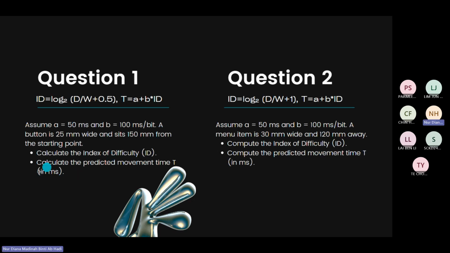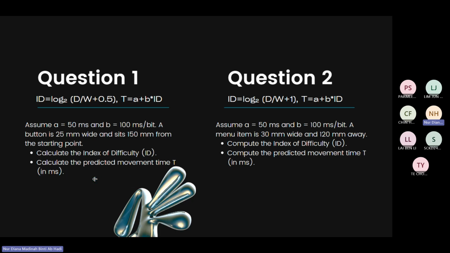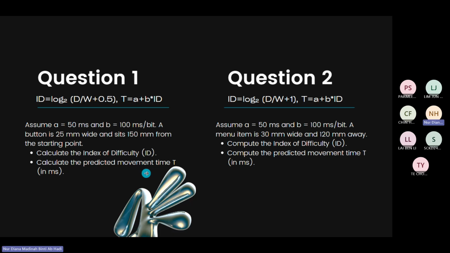This one already gives you the predicted movement time in ms. So bit and bit can be cancelled, right? So if you want to cancel, what can you do? Times, right? When you times, you can cancel and get your values, right?